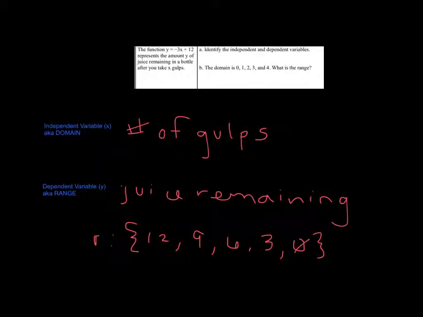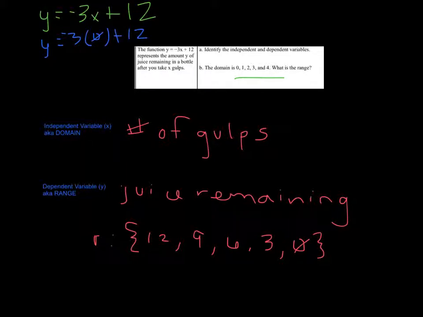So you could have just done, well, if y equals negative 3 times x plus 12, and they're asking you to use these numbers for x, you just substitute them into the equation. So if y equals negative 3 times 0 plus 12, well, negative 3 times 0 is 0, plus 12 is 12. That's where this 12 came from in my range.